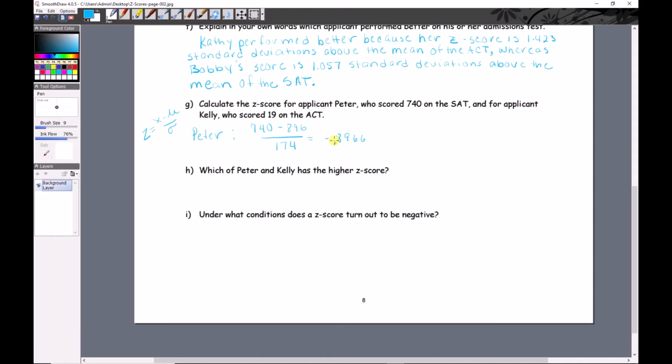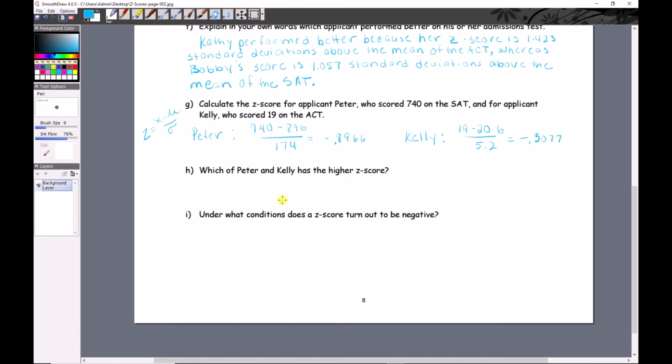And that's for Peter. And for Kelly, she's our ACT person in this question, she scored a 19, so that'll be 19 minus 20.6 over 5.2, and that will be negative 0.3077.